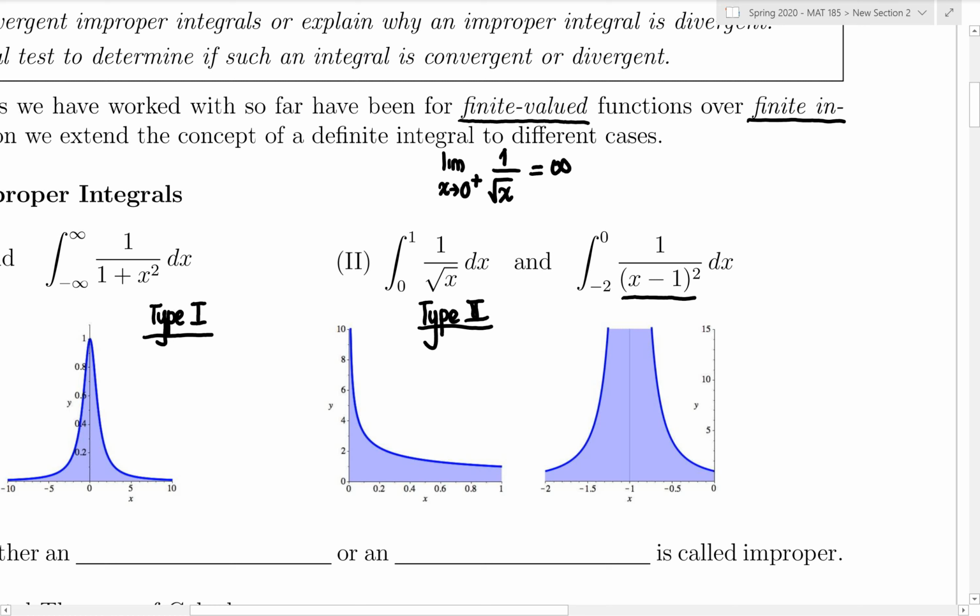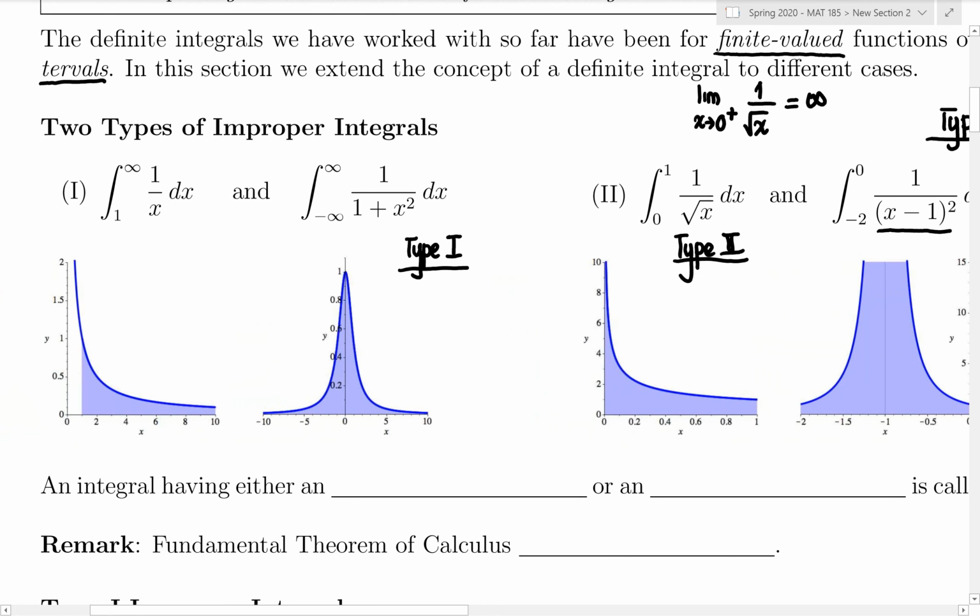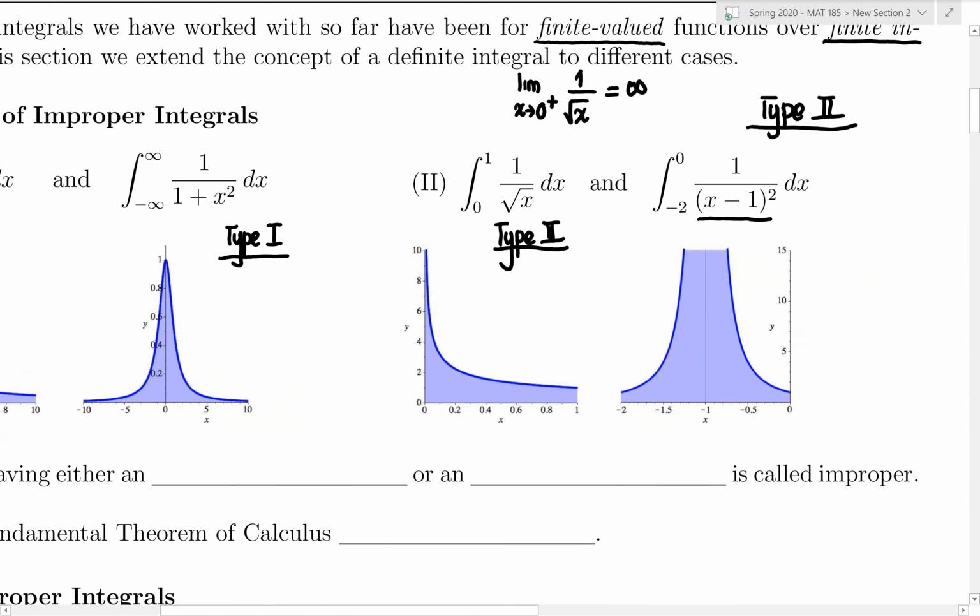So we are integrating over a region that contains a vertical asymptote. This is an infinite valued function, so this is a type 2 integral. Type 1 means we're integrating a function that does not have an infinite discontinuity over an infinite interval. In this example, we are integrating over a finite interval, but it has an infinite discontinuity.